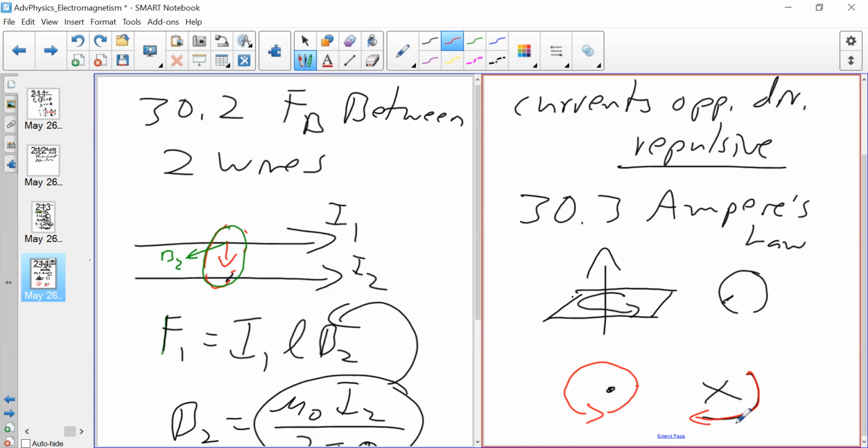Yeah, I got it. So Ampere's law is just the relationship that the magnetic field is going to be equal to this proportionality constant, mu naught, permeability of free space, mu naught I over 2 pi r. Now, the further away you get, the magnetic field is going to drop, basically go to 0 for said current.